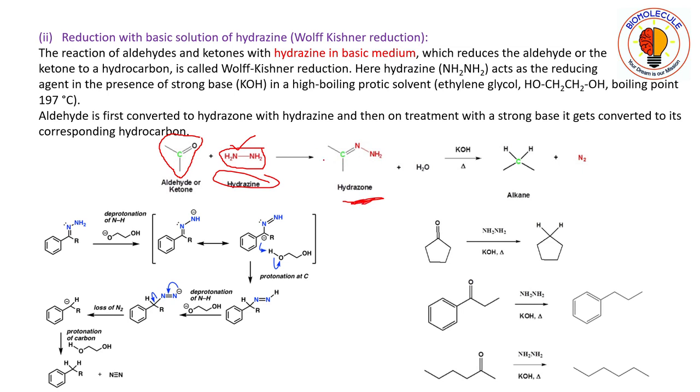Same reaction here, and it gives you one molecule of water. Now this hydrazone on further treatment with a strong base gets converted to the corresponding hydrocarbon. So this hydrazone is further treated with strong base, that is KOH, and we end up with alkane and a nitrogen molecule, that is nitrogen gas.